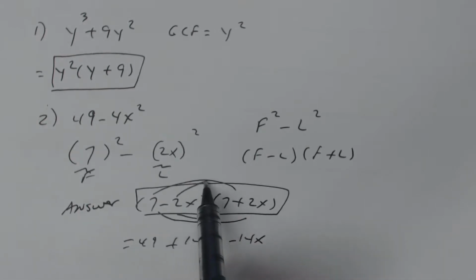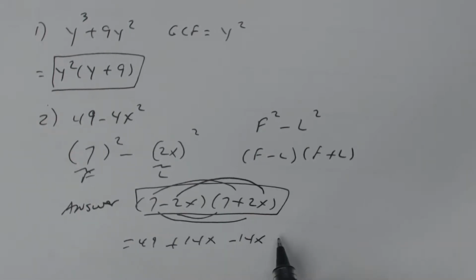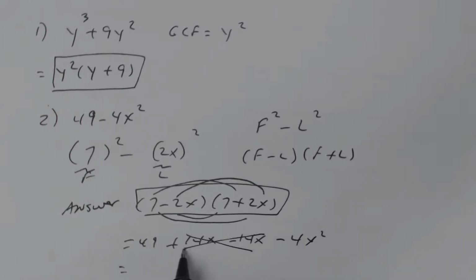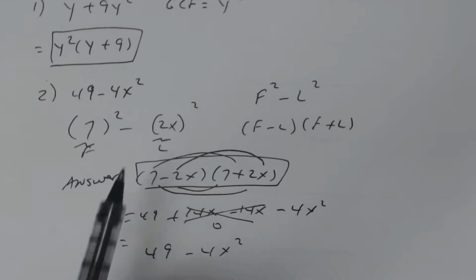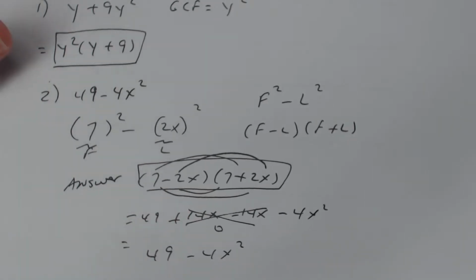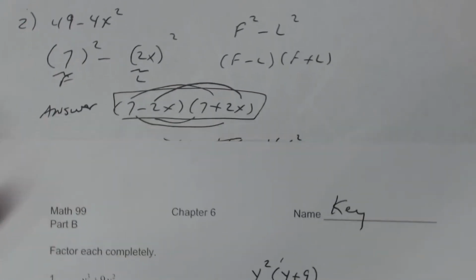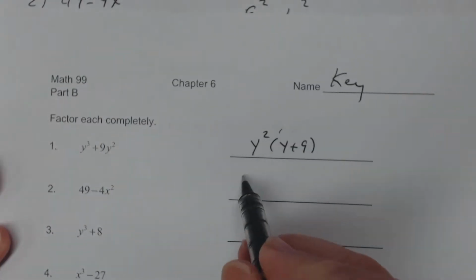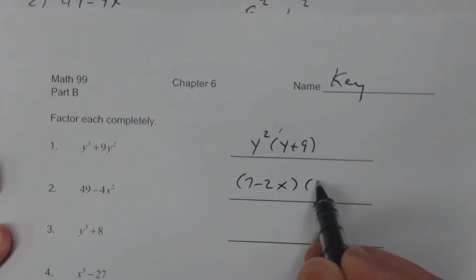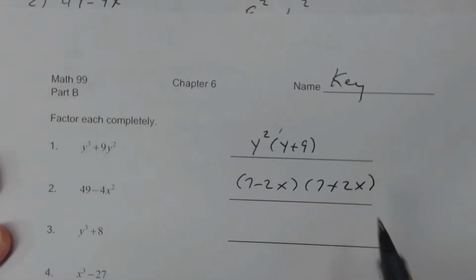And the last, a negative 2x times a positive 2x is a negative 4x squared. Combining like terms, a positive 14x and negative 14x is 0. And so I get 49 minus 4x squared, which is what you wanted. So again, the answer to number 2 is 7 minus 2x times 7 plus 2x.